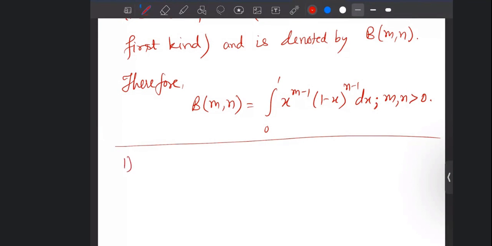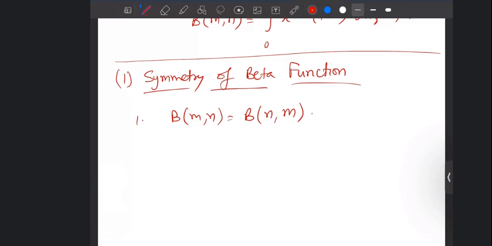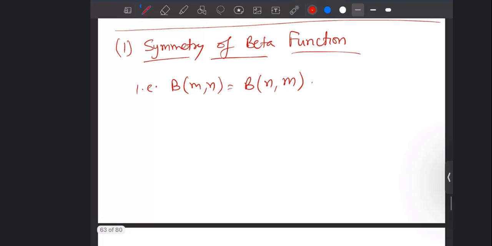The first one is the symmetry of the beta function. That is, beta of m, n is equal to beta of n, m. This is proved by using the definition.